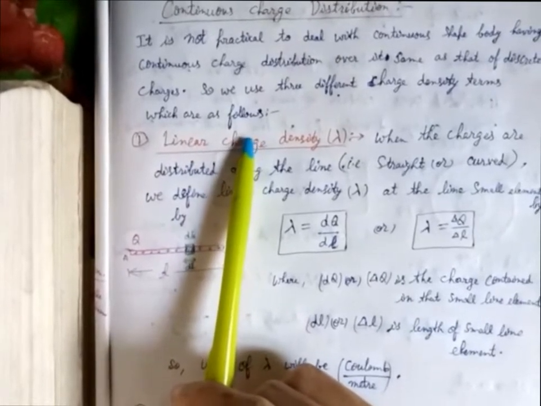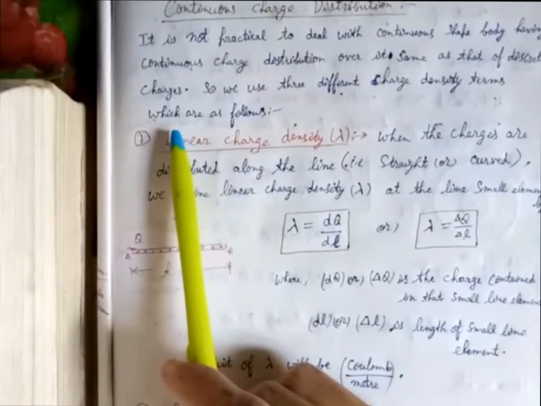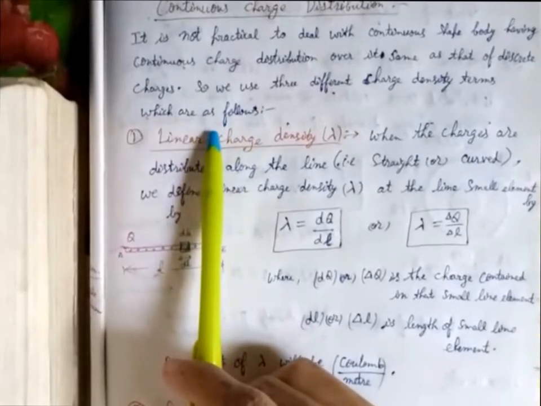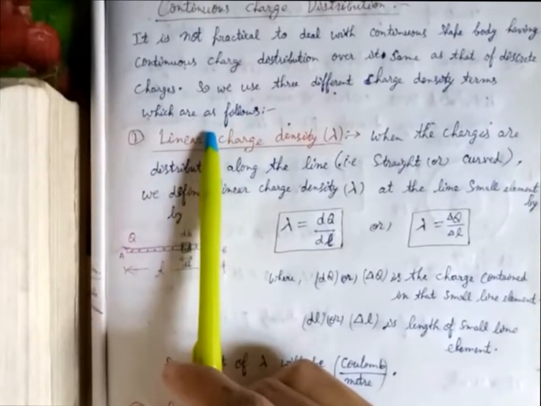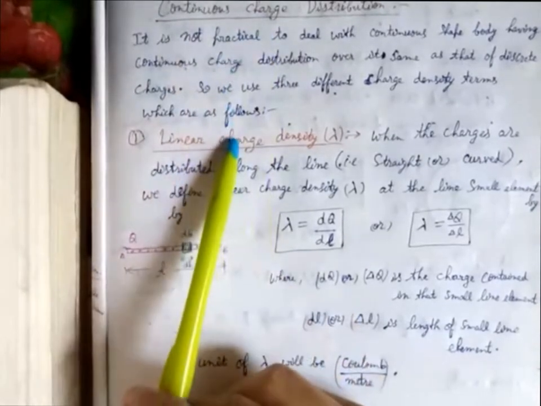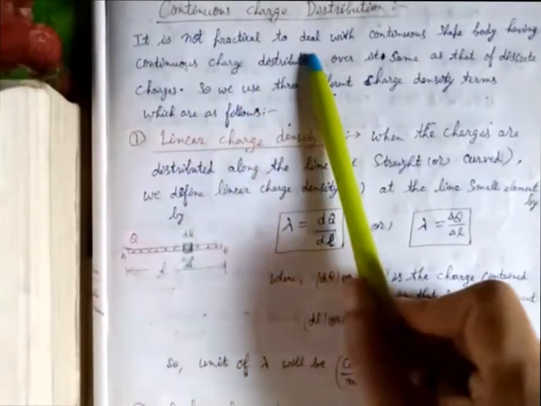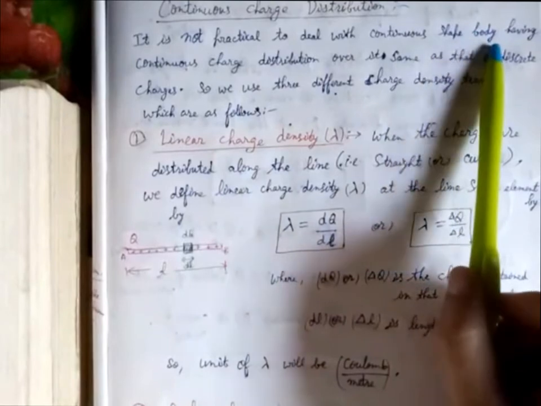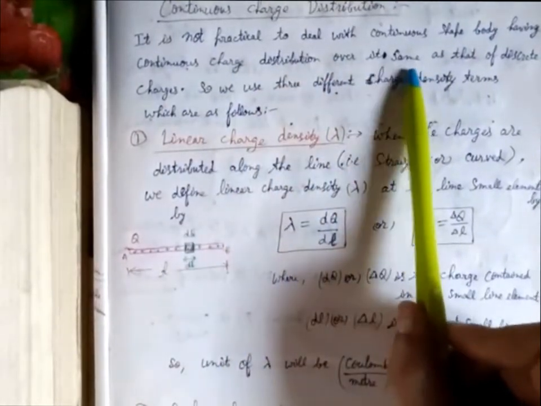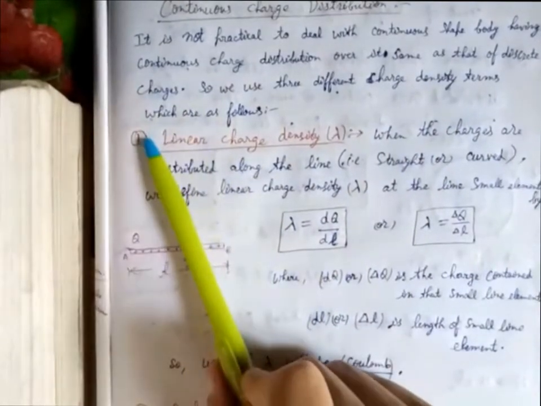So in that condition, we cannot deal with the previous understanding that we have done with discrete charges. It is not practical to deal with continuous shaped bodies having continuous charge distribution over them the same as the discrete charges that we have earlier studied.